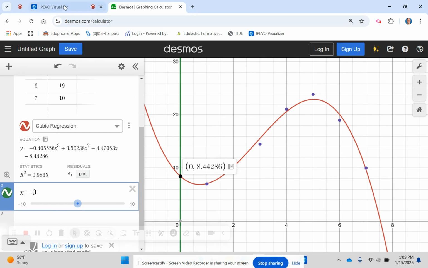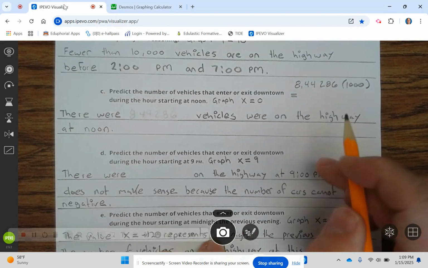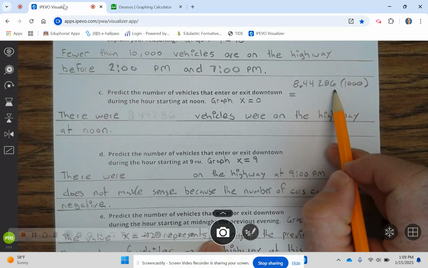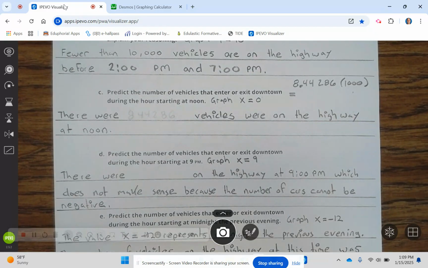All right, so remember, we're talking about thousands. So we need to multiply 8.44286 times 1,000 to find out how many cars were on the road. So let's go ahead and do that.